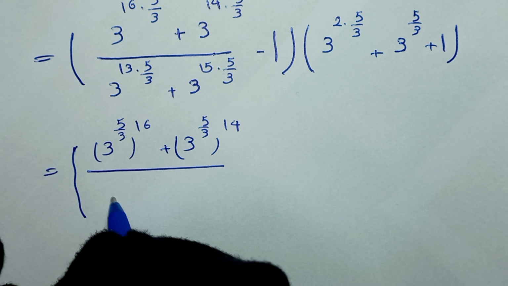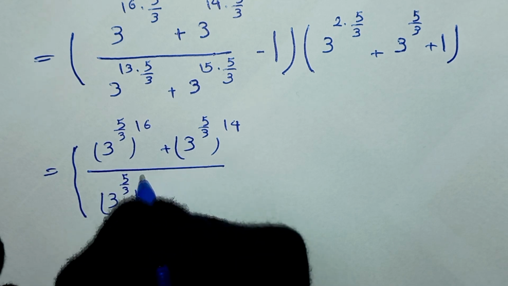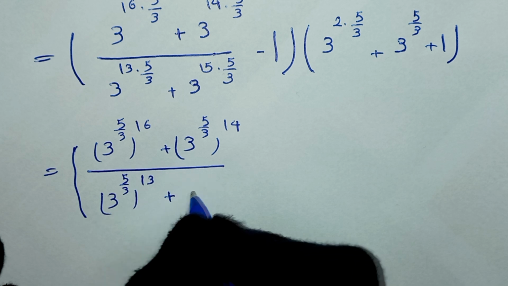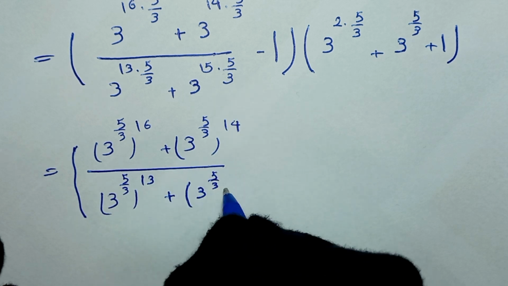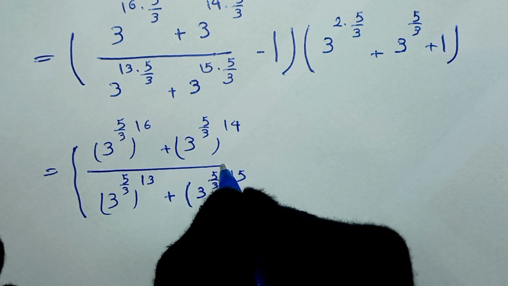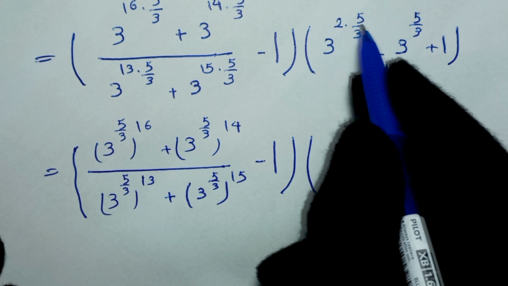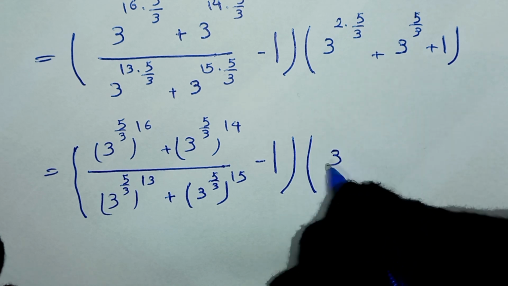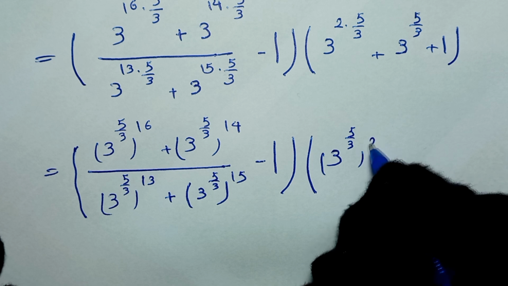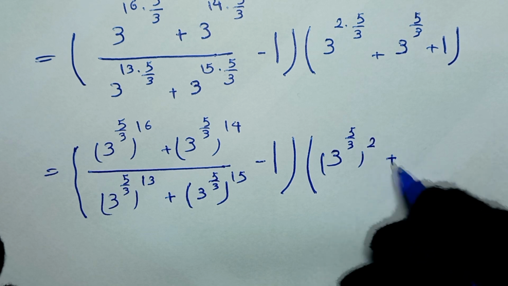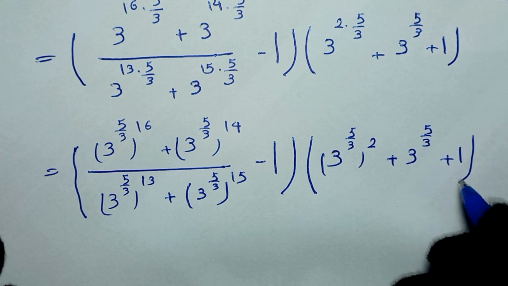And here, it will be 3 to the power of 5 over 3 to the power of 13, and plus 3 to the power of 5 over 3 to the power of 15 and minus 1. And for this, it will be 3 to the power of 5 over 3 to the power of 2 and plus 3 to the power of 5 over 3 and plus 1.